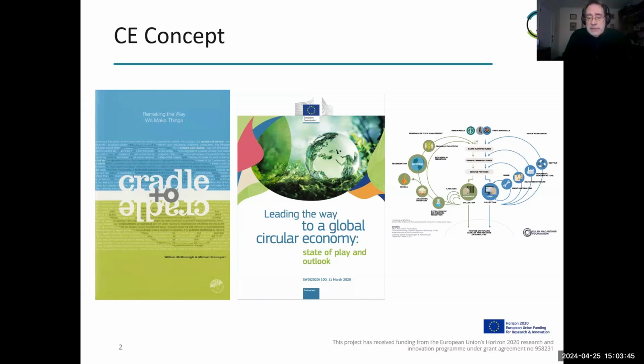We're also just about to see the launch of the first 3 circular economy standards within ISO, the International Organization for Standardization, and the start of the European circular economy standardization activity. There is also vertical activity starting in furniture, textiles and construction. So there's a lot of activity going on.